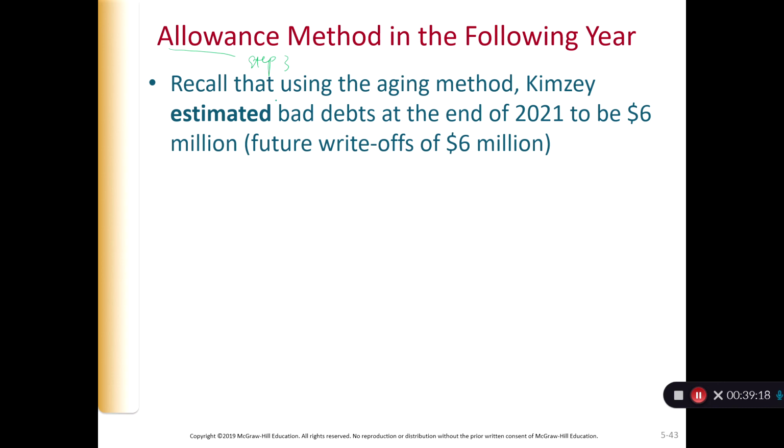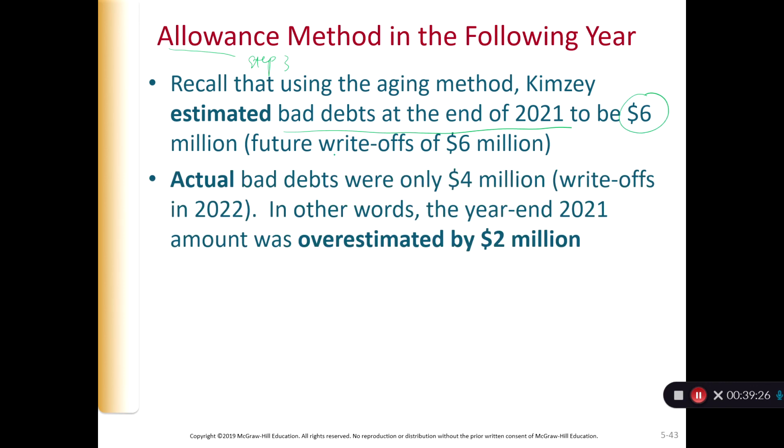Using the aging method, Kempsey's estimated bad debt at the end of 2021 is only 6 million. So they are expecting $6 million of 2021's accounts receivable not to be collected in 2022.